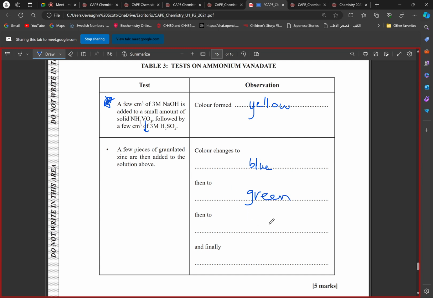And then from green, we're gonna have a transition state. What's the transition state going to be? This is going to be purple. That's not how you spell purple. All right. We're gonna have purple at the end.